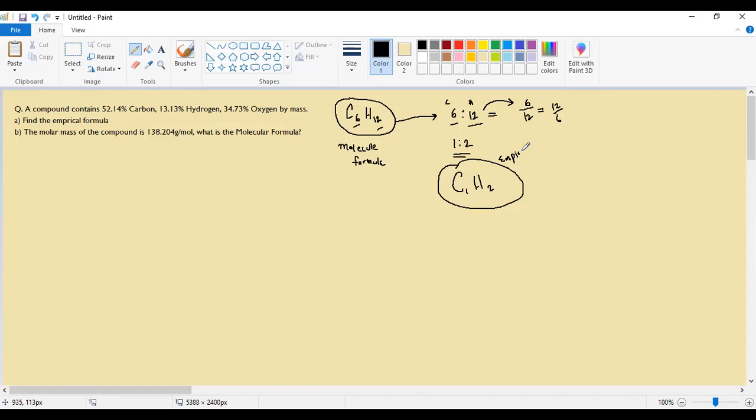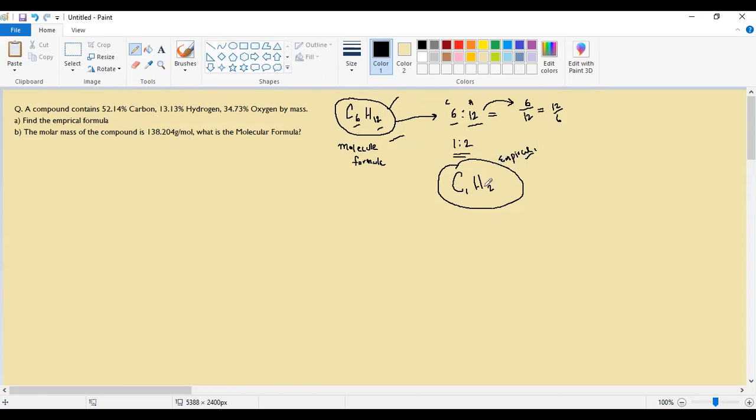So really, this relationship is saying that you have your molecular formula, which is what we have here, and the reduced version of the ratio of atoms would be your empirical formula. And you know that it's your empirical formula because you cannot reduce the ratio of atoms any further.